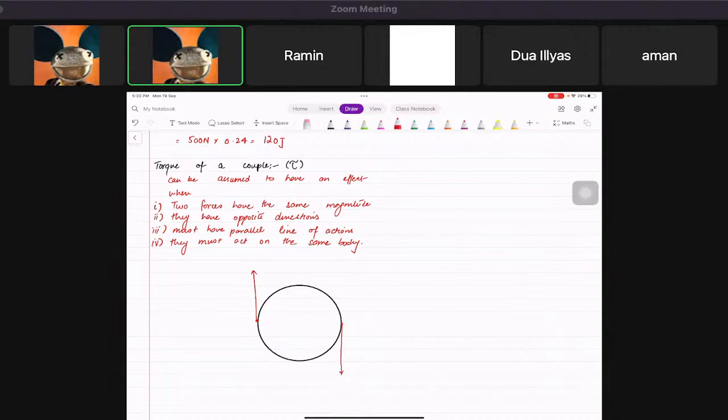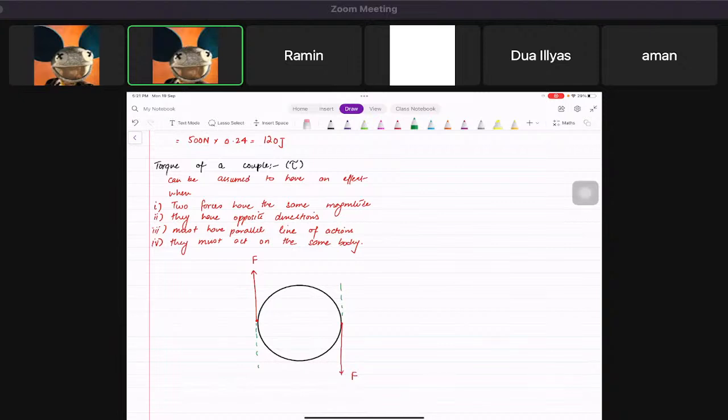Okay. So the first thing you should remember is that a torque of a couple is basically two forces of same magnitude in opposite direction. We've done that. Then the forces that you apply on a body must have a parallel line of action, and they must act on the same body, right?